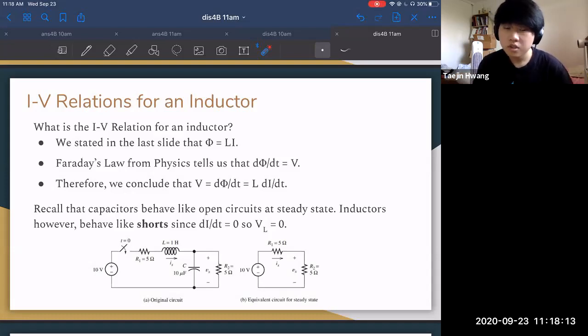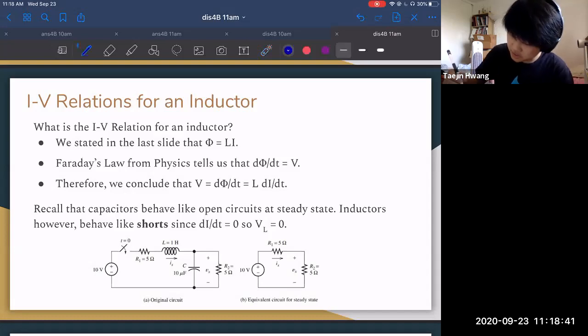Okay, and the last thing I wanted to say was that you might remember that capacitors behave like open circuits at steady state. In other words, if we put a voltage across a capacitor and wait a really, really long time, at steady state it behaves like an open circuit. Inductors, on the other hand, behave like shorts at steady state.